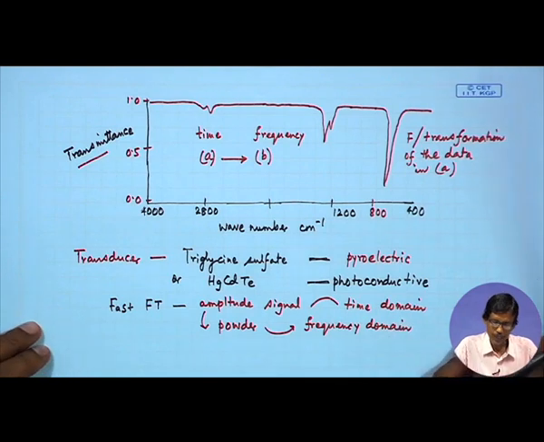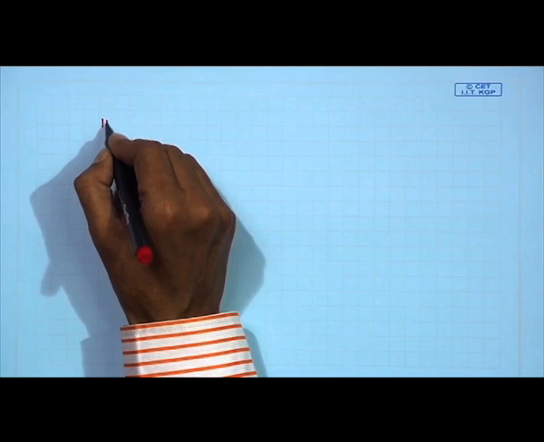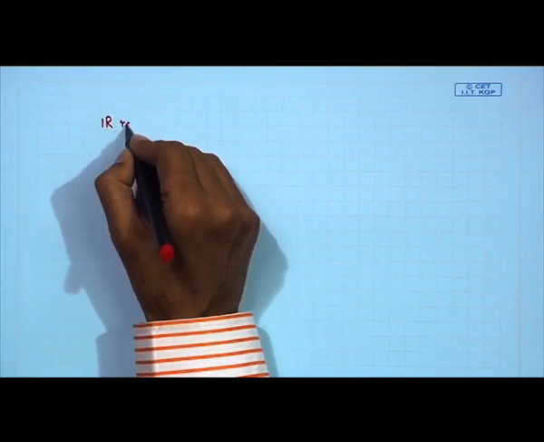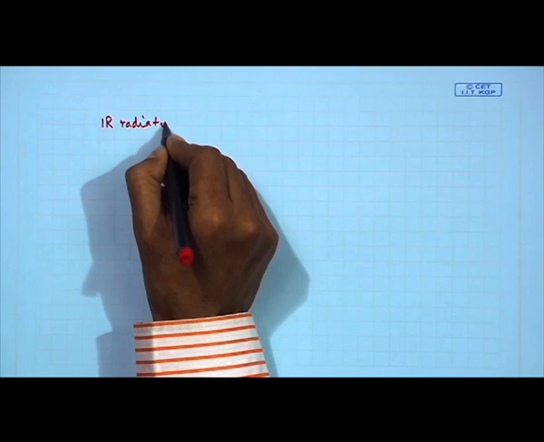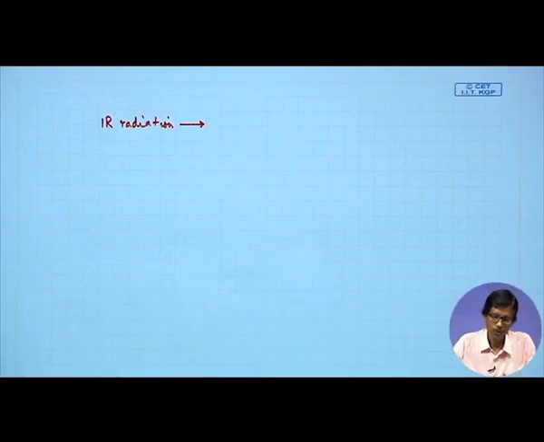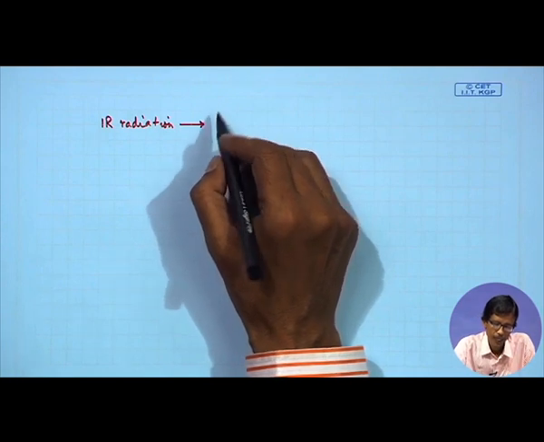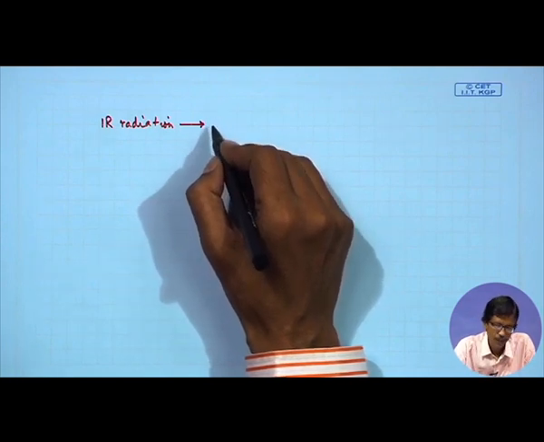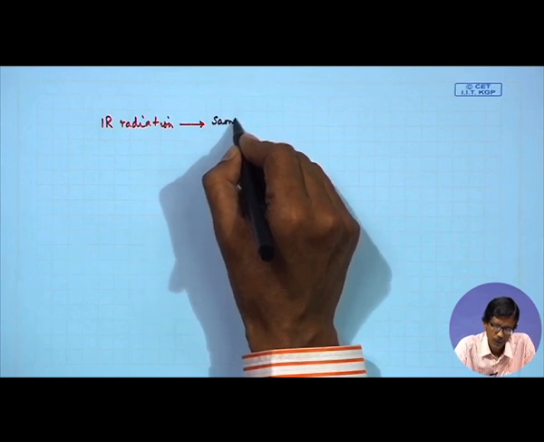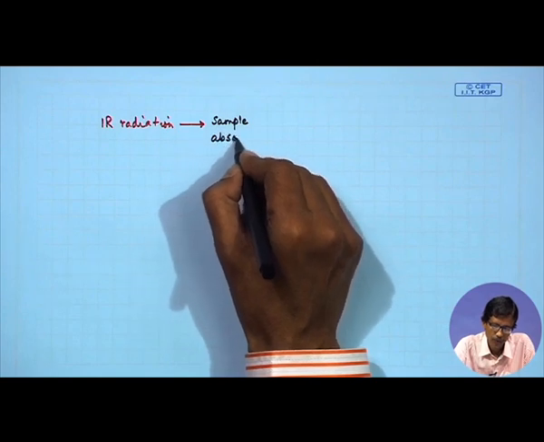So, that is why we see how the different IR radiation falls on the sample. We have the typical IR source or the IR radiation, which is falling on our sample. Due to molecular vibration, that means bond stretching, bond bending and bond rocking, the sample exposed to the IR radiation will absorb.